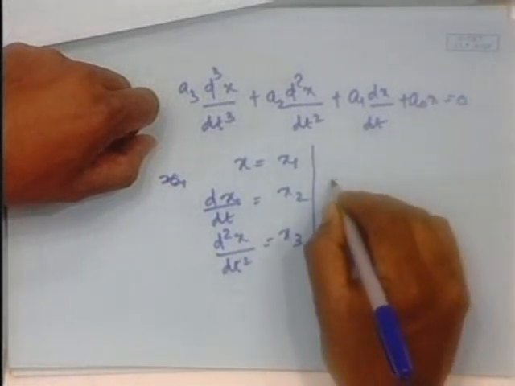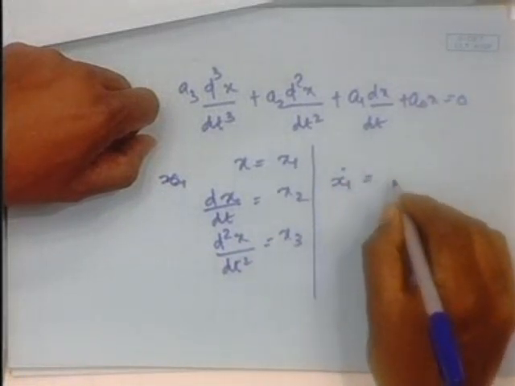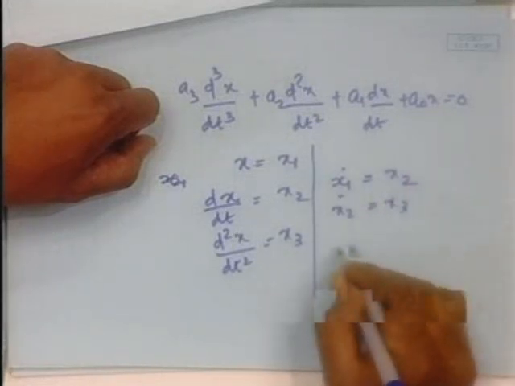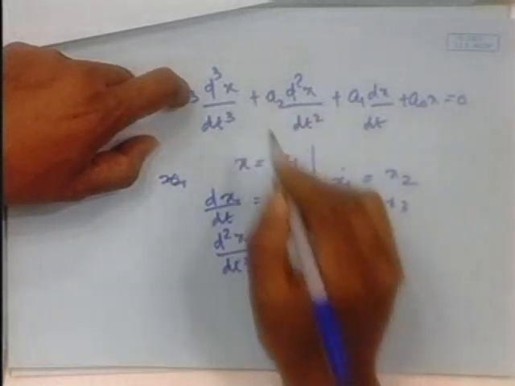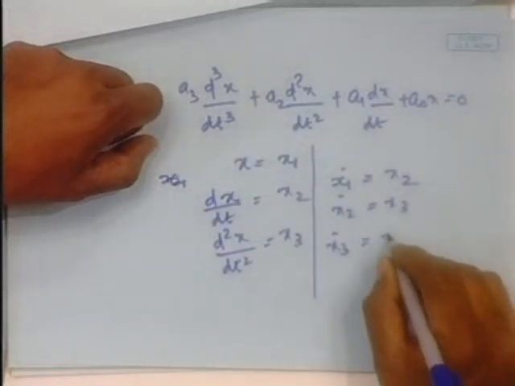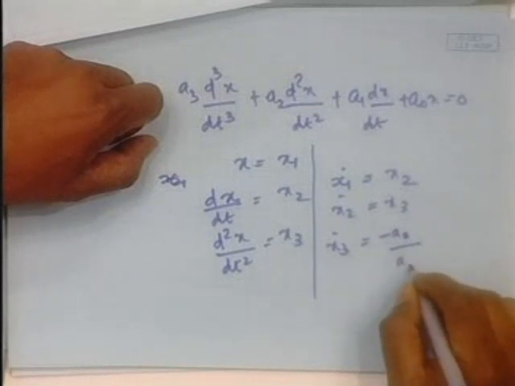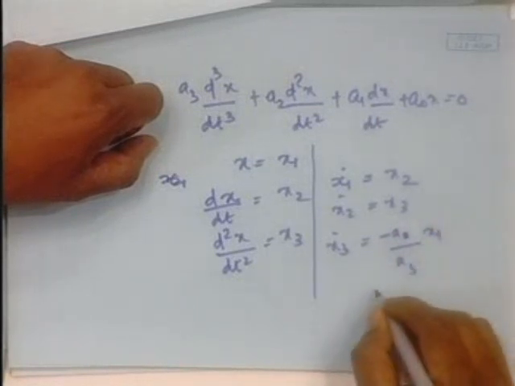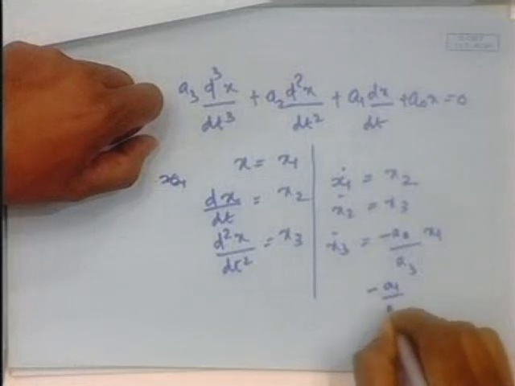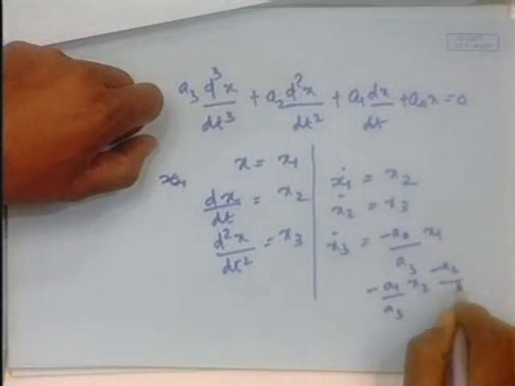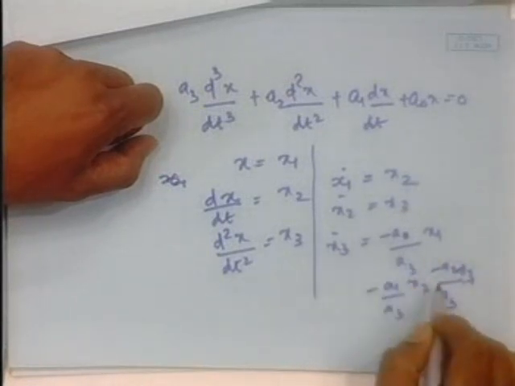So, in this way you will get x1 dot equal to x2, x2 dot will be equal to x3 and x3 dot will be equal to, just put it here, you will get minus a0 by a3 into x1, then minus a1 by a3 into x2, then minus a2 by a3 into x3. This is the one you are trying to get, is it not?